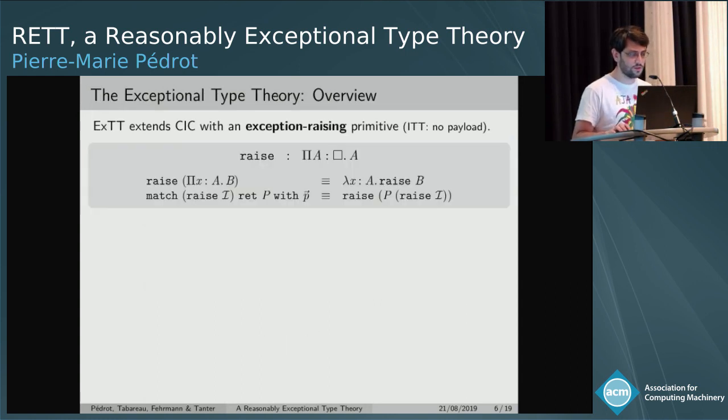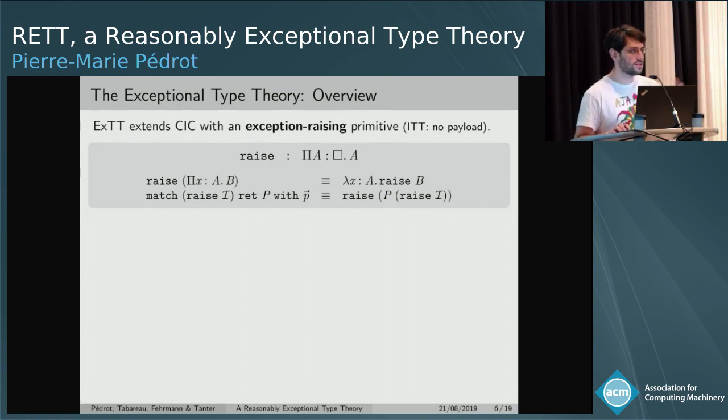So let's have a look at what it looks like. So essentially, you get a new primitive that is raise of type for all A, A, and the semantics of that new primitive is that if you raise at a function type, you just do the lambda thing, so you're just taking the argument and re-raising on the codomain. And if you're raising over match, then it's going to escape by re-raising, right?